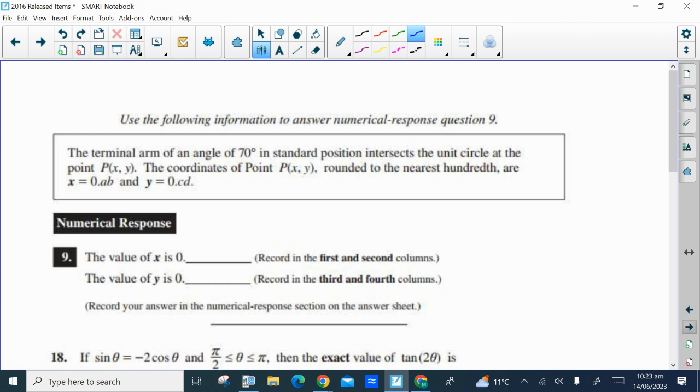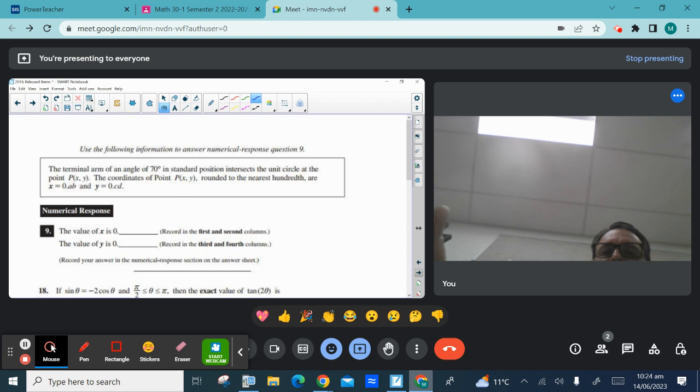The terminal arm has an angle of 70 degrees. Remember that every point on the unit circle, the coordinates are cos theta, comma, sine theta.